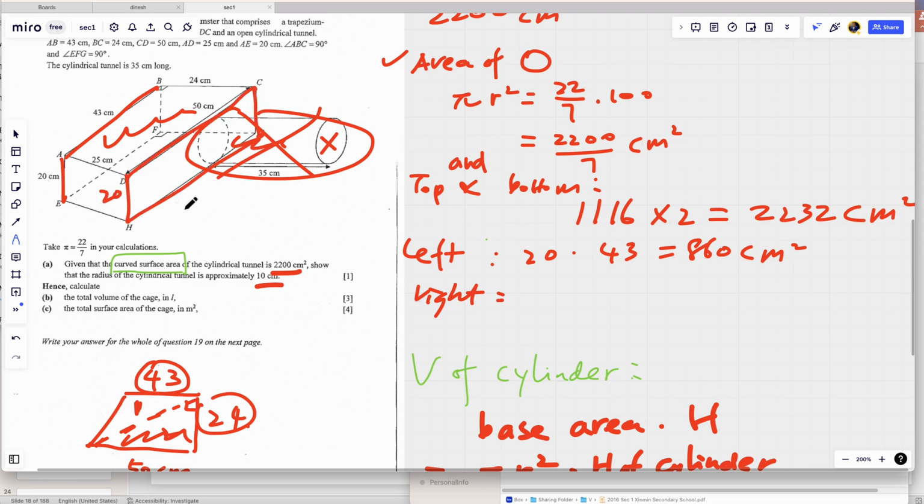So this one is 20, then this is 50, but you need to minus off the circle here. So it's 20 times 50 minus the circle, which is 2200/7. This is a times, this is a minus. So you just give me this value in fraction, because I want the most exact one.